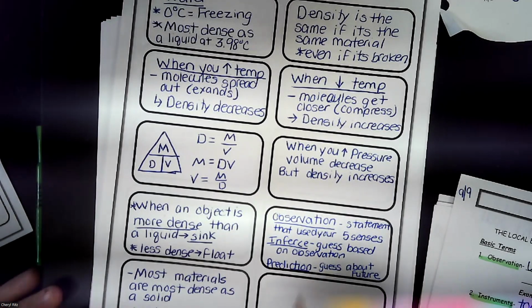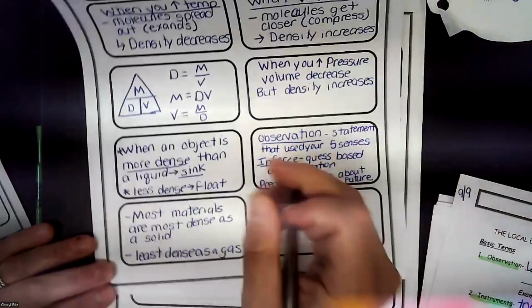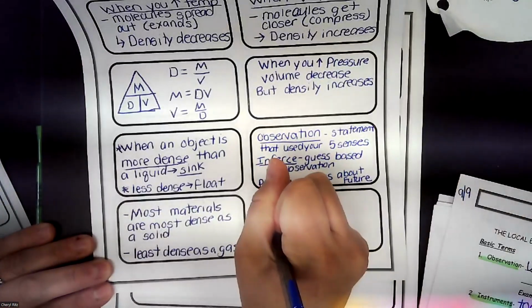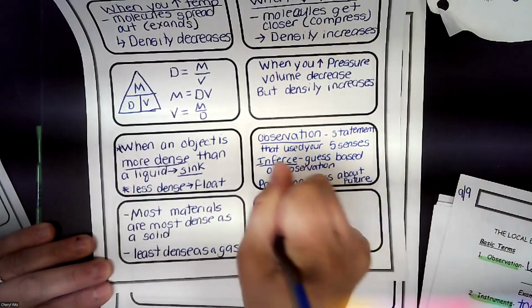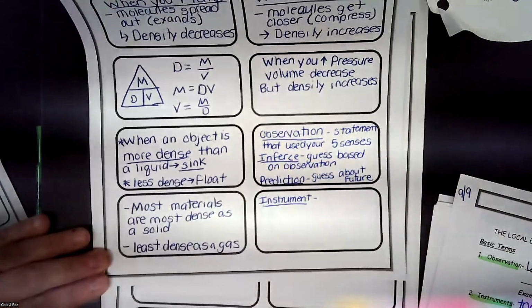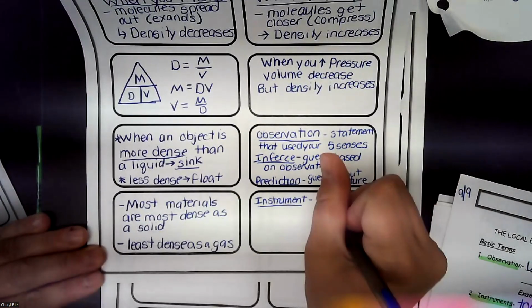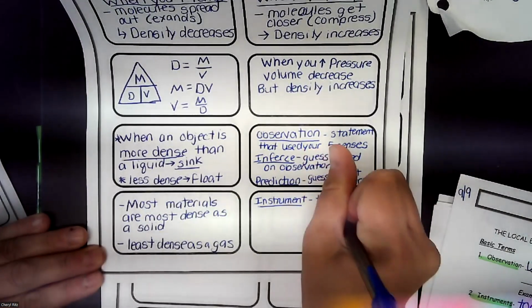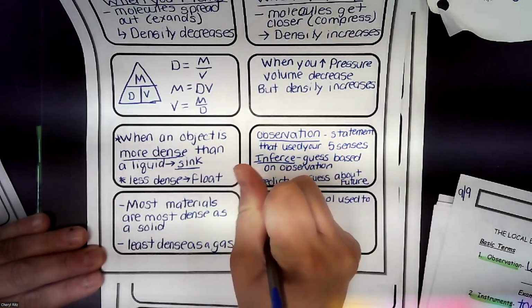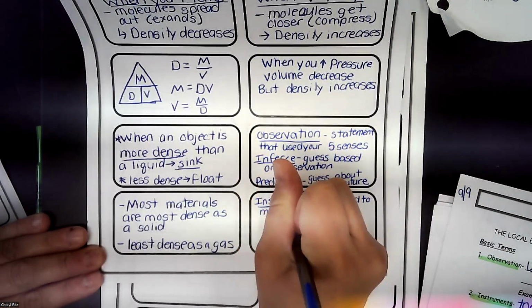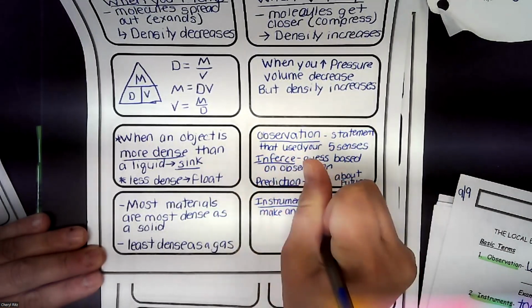There's a couple more vocab words on that page. One of them was an instrument. What's an instrument? Yep, so it's a tool used to make an observation.